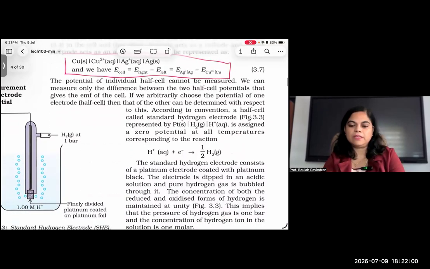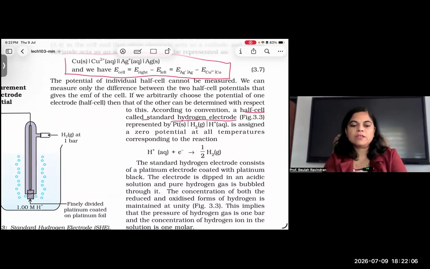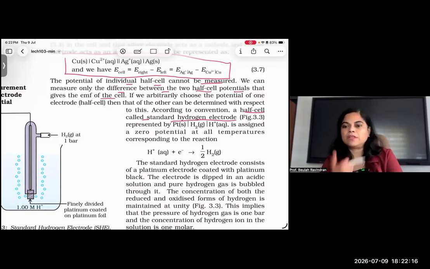Now we can see the half cell called the standard hydrogen electrode. So what is that half cell? The potential of an individual half cell cannot be measured. We can measure only the difference between the two half cell potentials, which gives the EMF of the cell. That's what E right minus E left is. So if we arbitrarily choose the potential of one electrode, that is a half cell, either anode or cathode, then that of the other can be determined with respect to this.